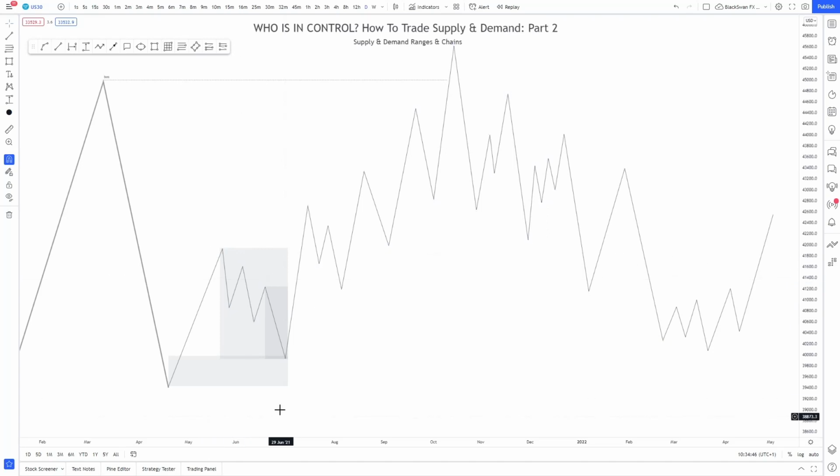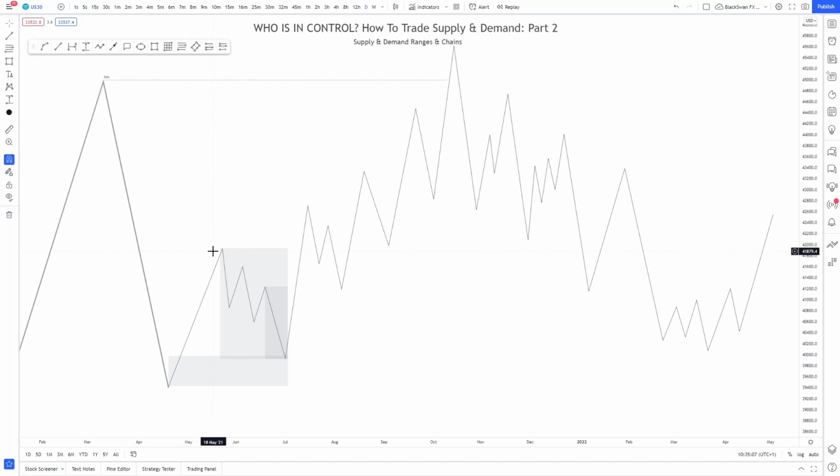In this instance, sellers came in and sold down. We had our demand mitigation. Demand kept control and they've brought the market back up. So now we have a range of demand, and it's the same as your new high, low, and so on.